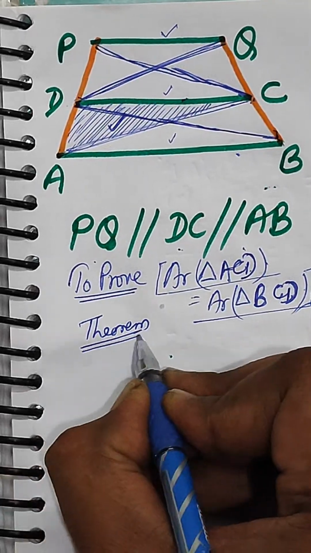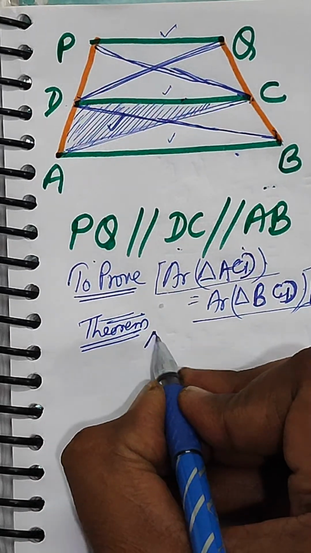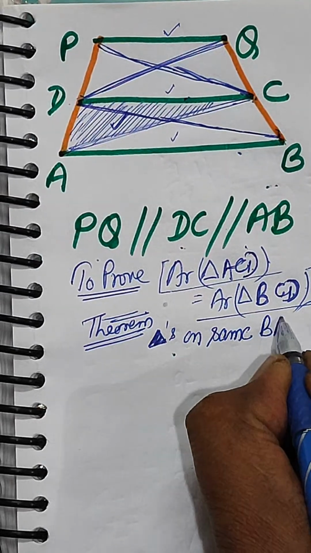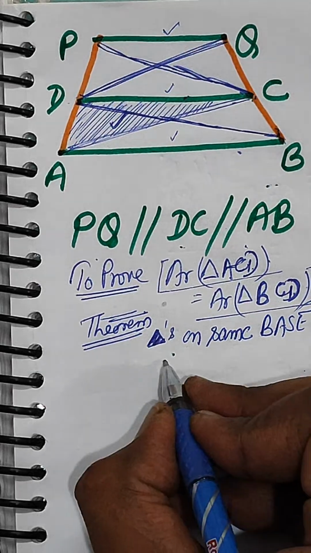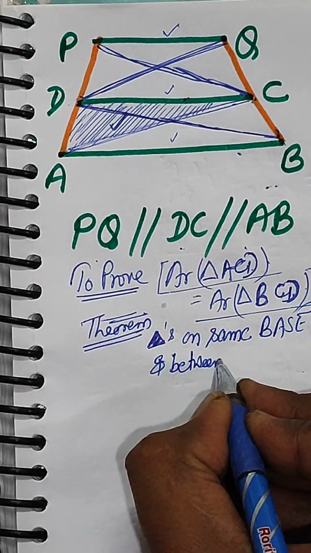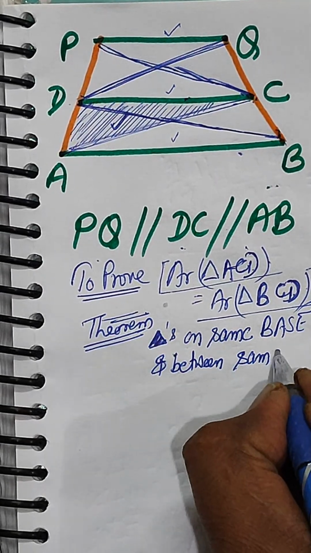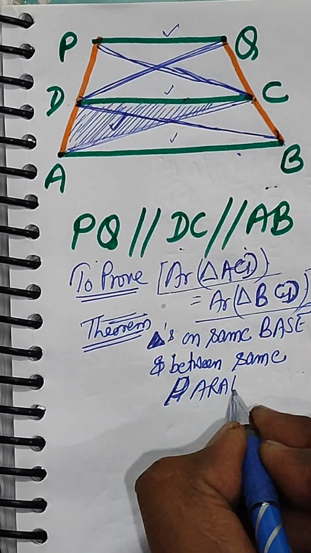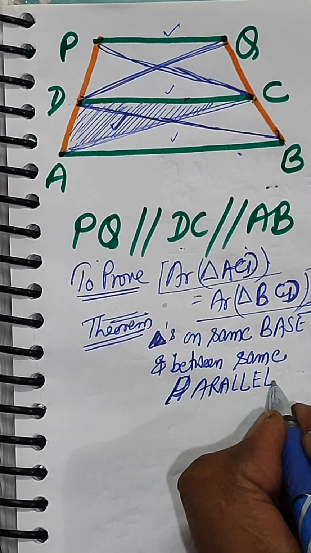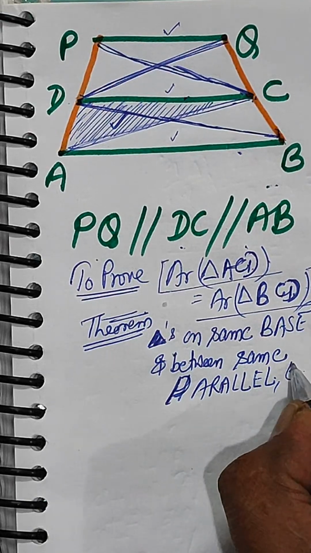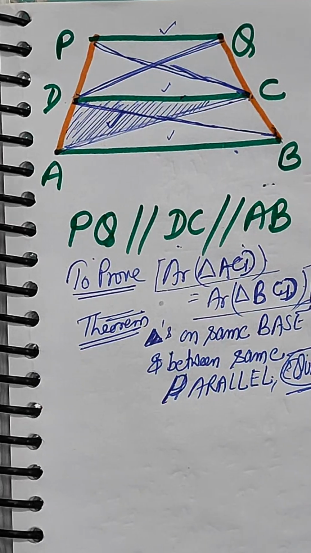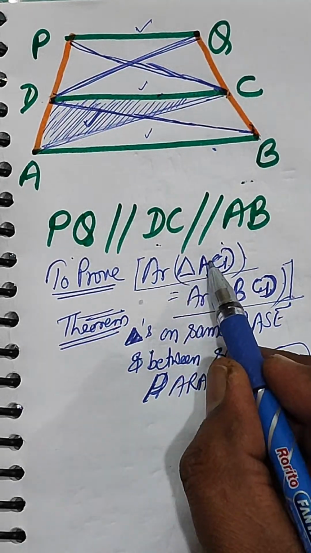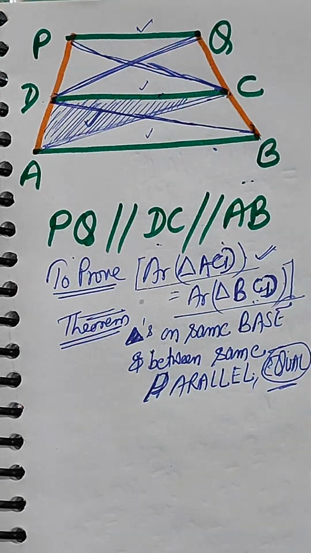The theorem which we have used is that triangles on the same base and between the same parallel lines are equal in area. So my dear friends, from here we can see that ACD and BCD are equal, which we were about to prove, and this is proved.